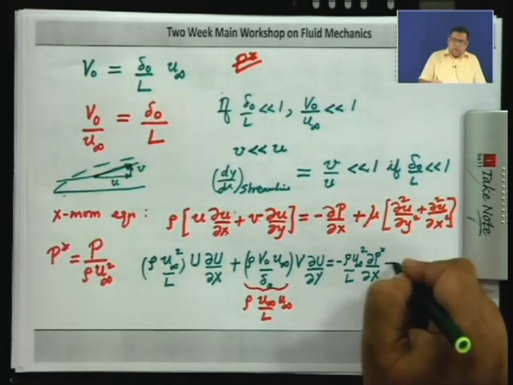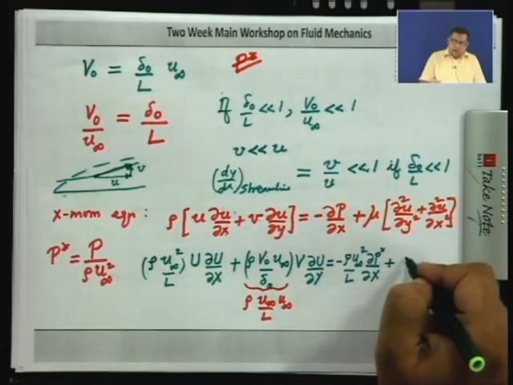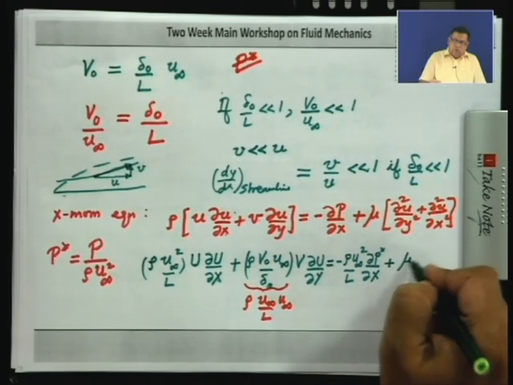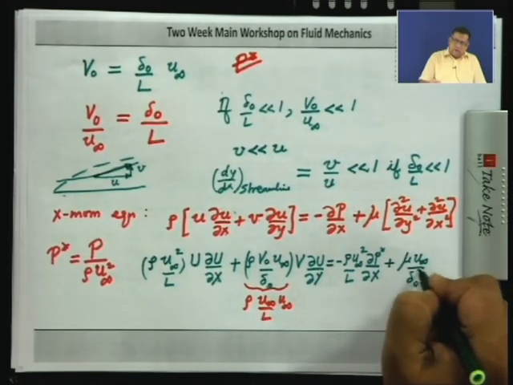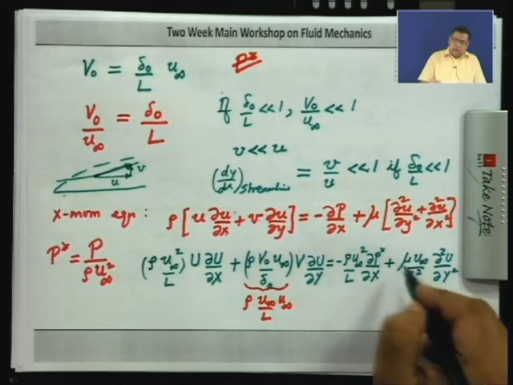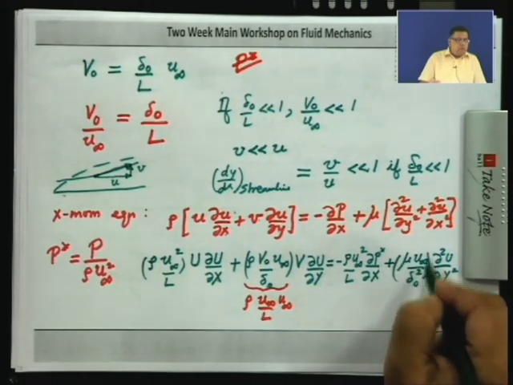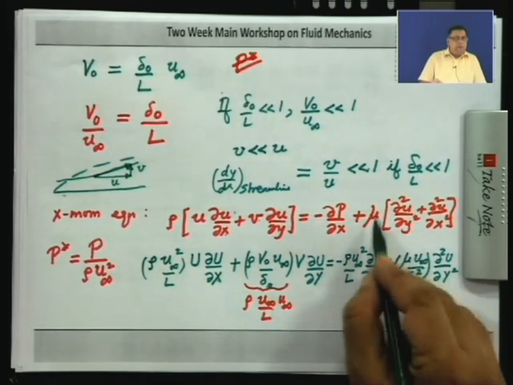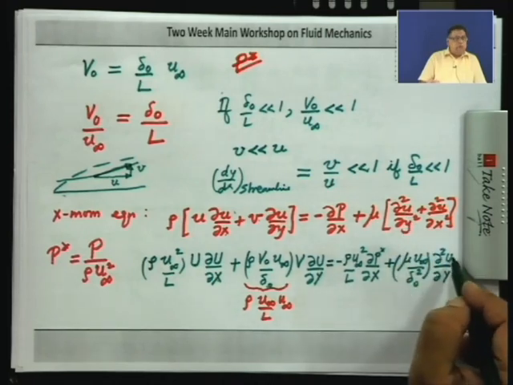Now, we will come to the viscous term. The first one we will write as mu u infinity by delta naught squared into del squared U del Y squared, and our argument is that this coefficient reflects the order of magnitude of the entire term, because capital U and capital Y are non-dimensional functions which we are hoping are order 1 functions.